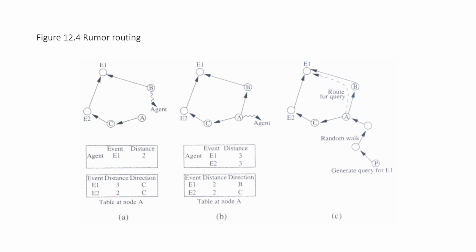For E2, it is only 2. 1, 2, like that. All of this is the rumor routing table indication. Generic queries for E1 pass to here and then random walk to A. Through this we can select the shortest path, that is the route for the query. That is rumor routing.